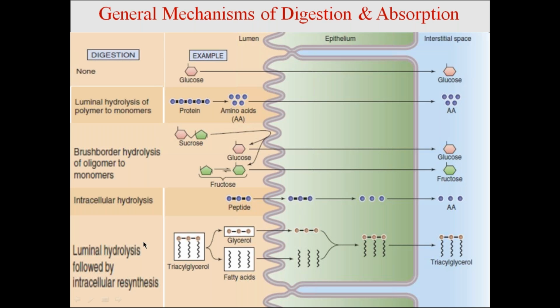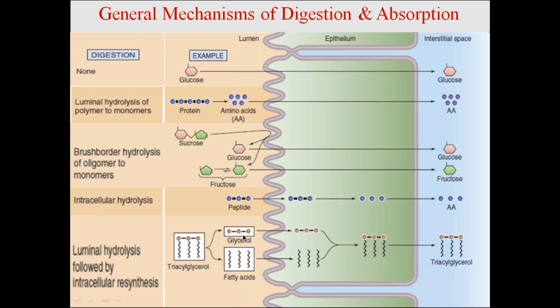And lastly, you have that the luminal hydrolysis occurs. So it is broken down into monomers. This is particularly important for the fats. So the dietary fats which you take are normally triglycerides.